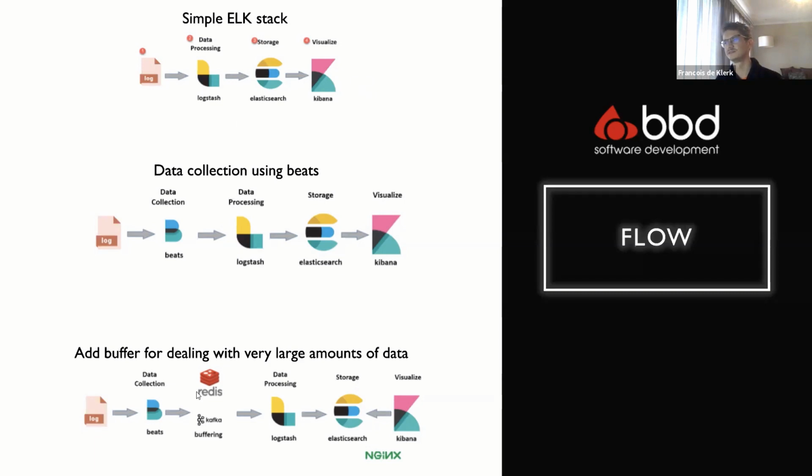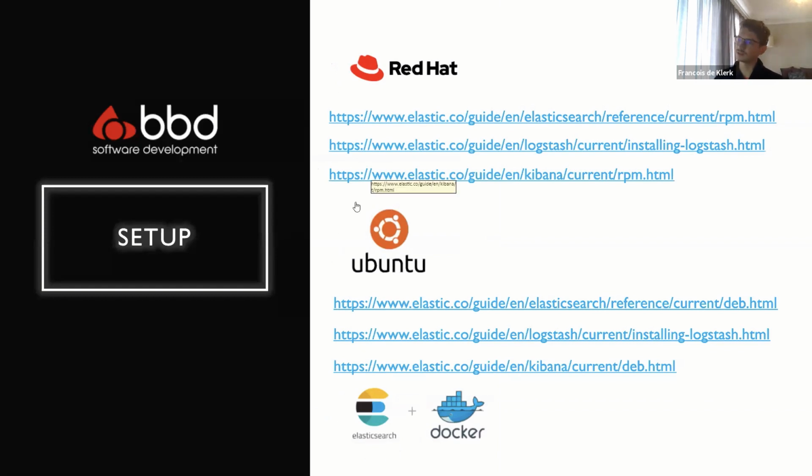There are a few fancy additional stacks we can implement with tools like Kafka and Redis, buffering and caching tools, if we have massive enterprise applications. Typically, most of the backend services in the enterprise run on Red Hat or Kubernetes and Docker, so it's easy to set up an Elastic Stack on those technologies.